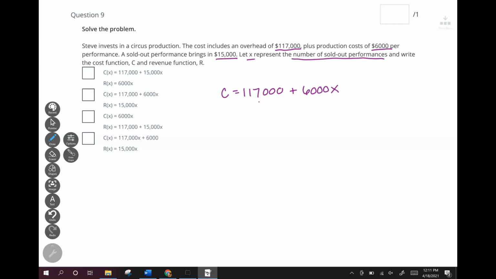So 117,000 plus 6,000 per performance. And then revenue, how much he's making. He's making $15,000 per performance, assuming that it's sold out, which we are assuming. So that's 15,000 times X, and so that would be, let's see, looks like this one. All right, it didn't ask us to solve, just set up the equations.